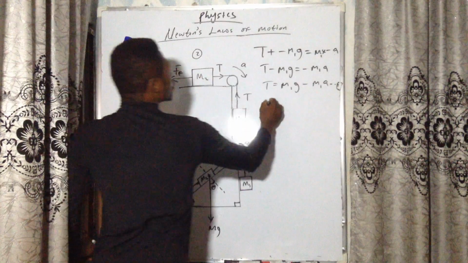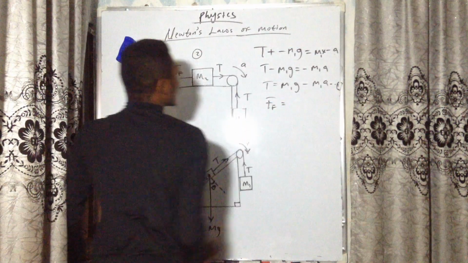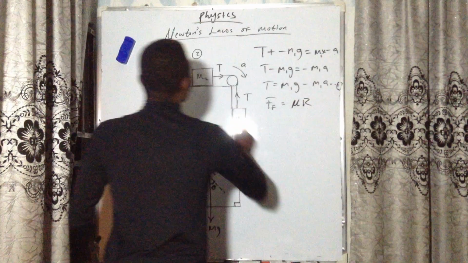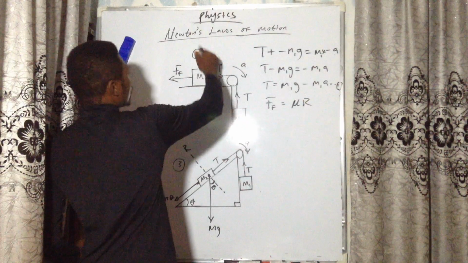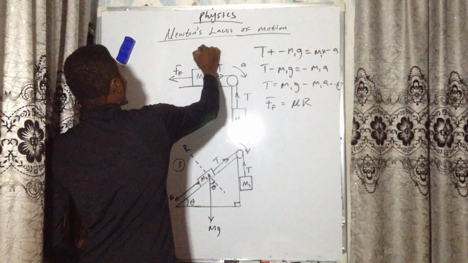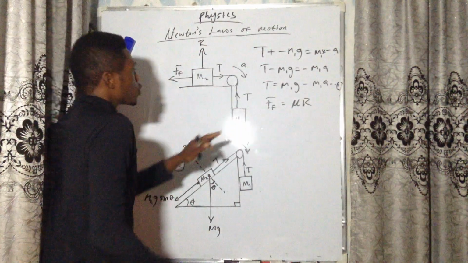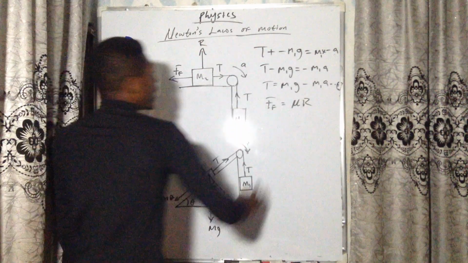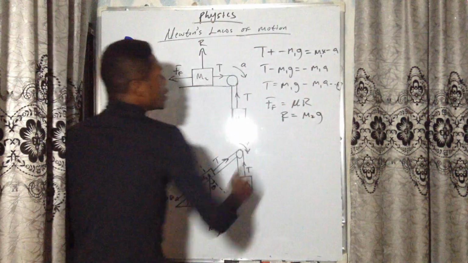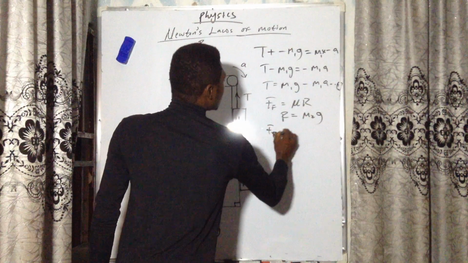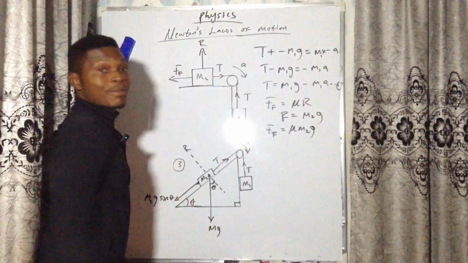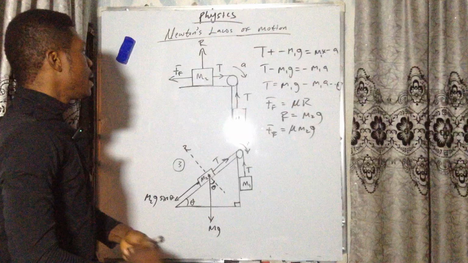Remember, the frictional force FF is equal to mu R. This is the normal reaction along here, the normal reaction R. So friction is equal to mu R, and R is equal to M2G. So therefore, FF is equal to mu M2G. So this is our frictional force.